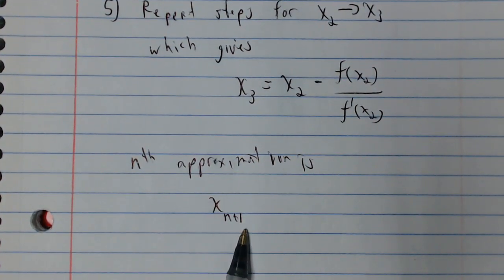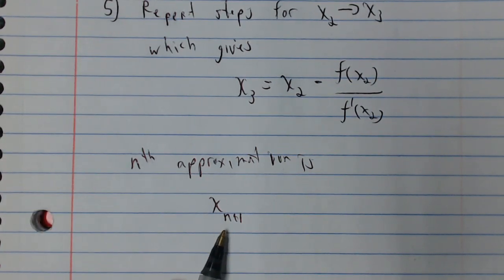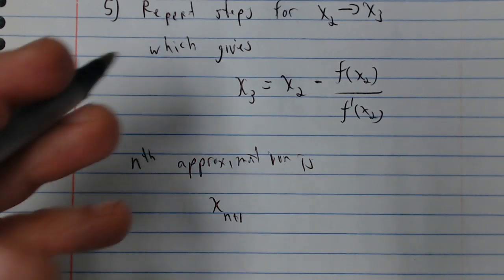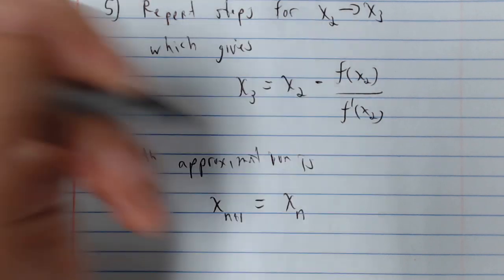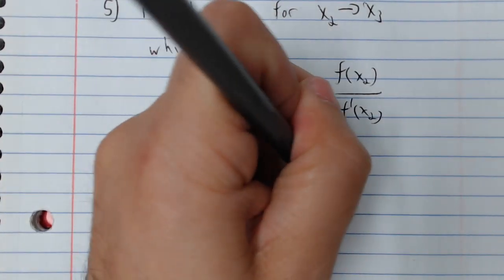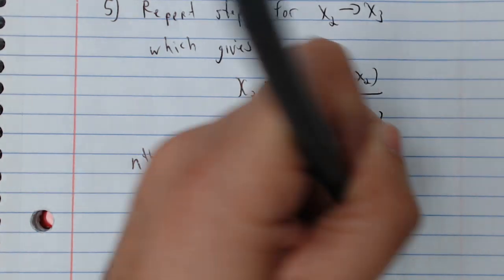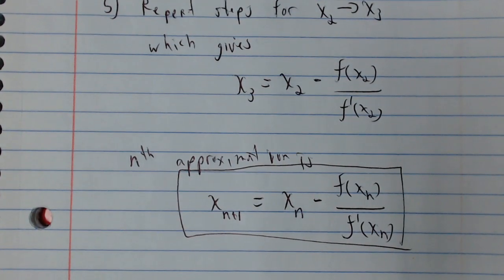Because the nth approximation, x sub 1 doesn't count as an approximation. That was our initial guess. So the nth approximation would mean we're getting the x sub n plus 1 term. So x sub n plus 1 would be what? X sub n minus f of x sub n divided by f prime of x sub n. So this is kind of like the process we're following. Okay, that's exactly what we're doing here.